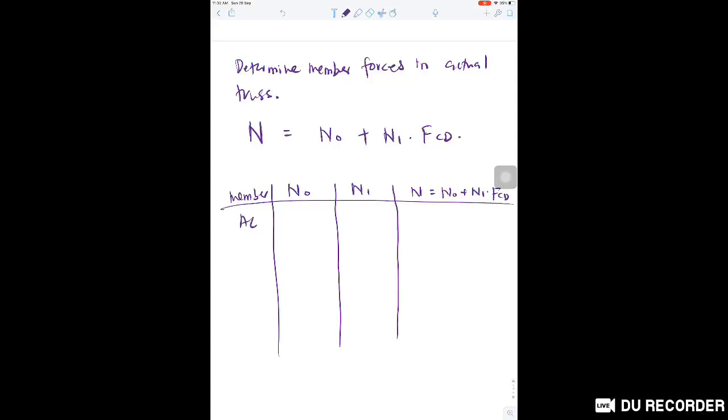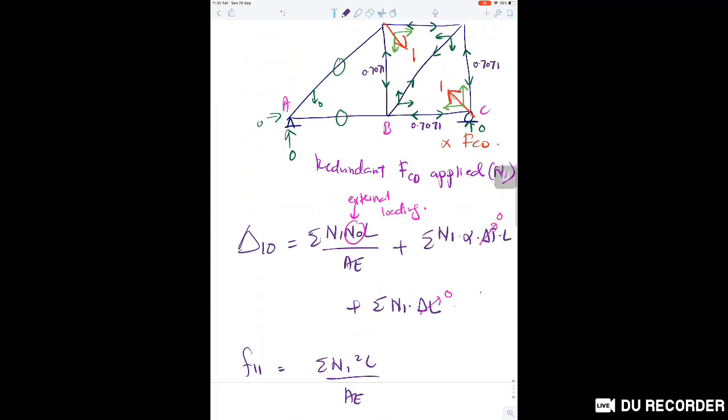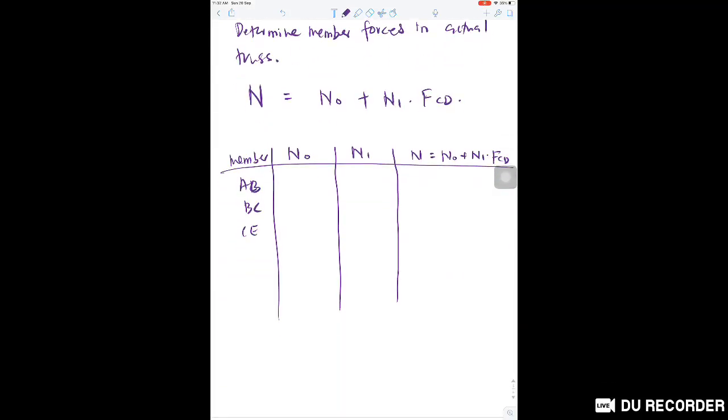So we just have to list all the members back: AB, BC, CD, CE, DE, and so on. All 8 members in actual truss.